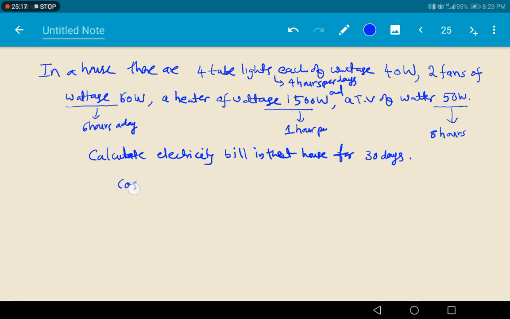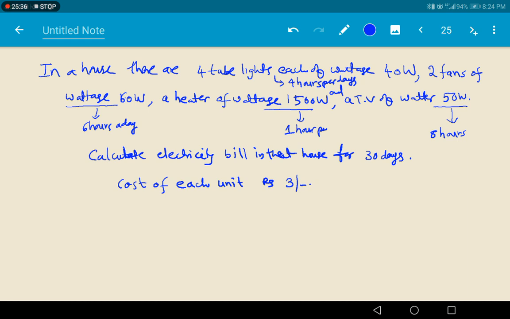The cost of each unit is rupees 3. So this is the information they are going to give in the question.